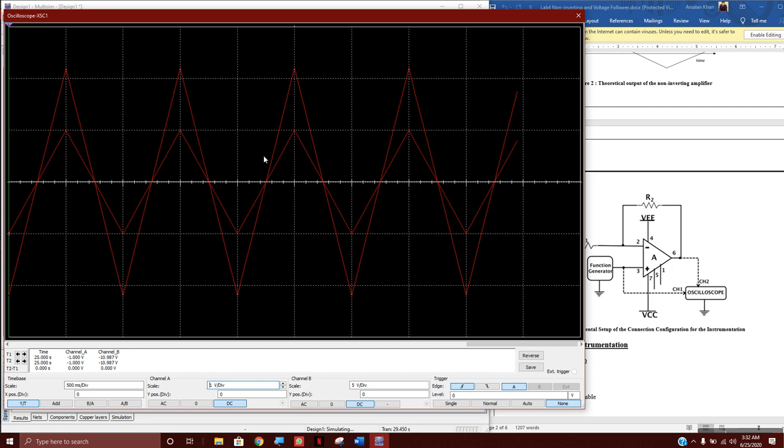In this one, when it's going up the output is going up, so it's in phase with your output. There is no 180 degree phase shift between them. So you're in phase with your output now. So that is it. That is for your non-inverting amplifier.